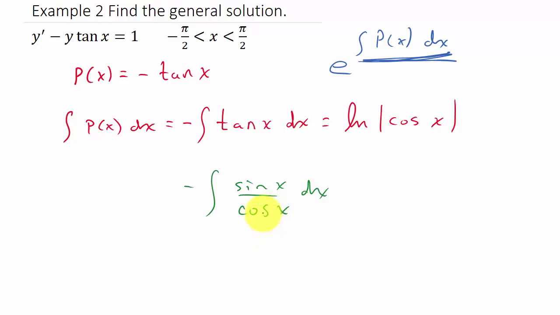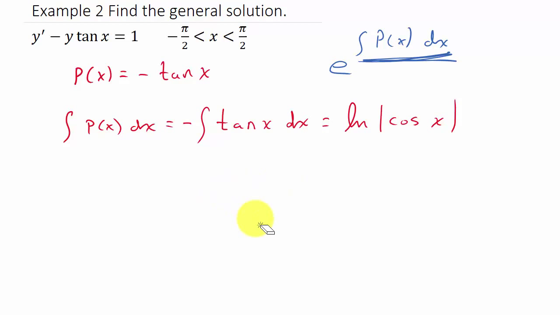We can take the negative and bring it inside, and we know that the derivative of cosine is negative sine, so that's where we get natural log of cosine x. The derivative of the denominator is in the numerator, so that tells us natural log.